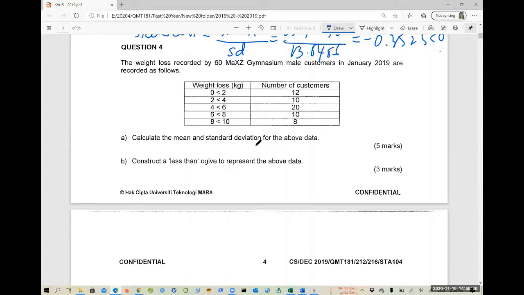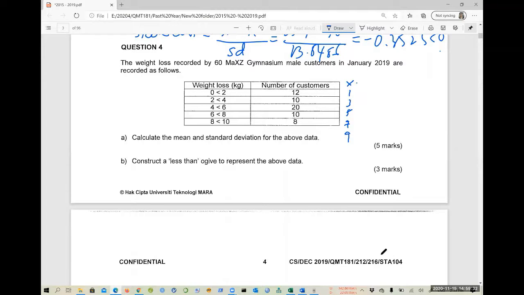Before that, we need to get the midpoint for each of these classes. For the first one, the midpoint x will be 1, 3, 5, 7, and 9. And then the number of customers will be the frequency.